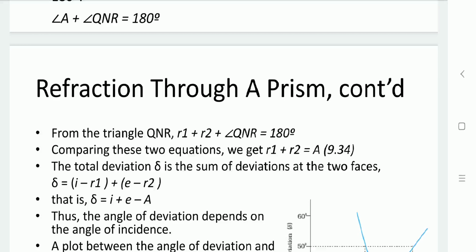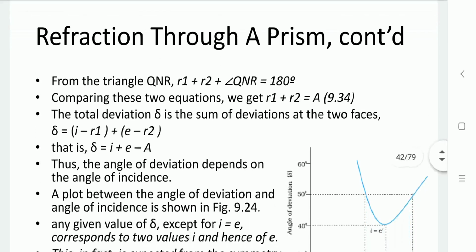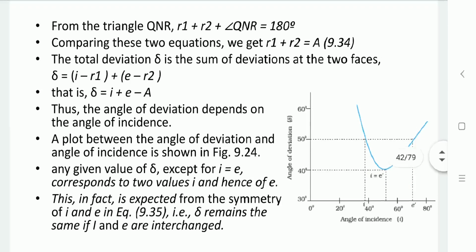The angle of deviation depends on the incidence angle. Here a graph is plotted between the angle of deviation and the angle of incidence. At the point where I equals E, the deviation has its least value. Initially, as the angle of incidence I increases, the deviation reduces.